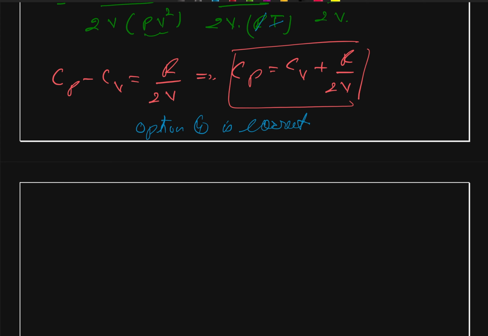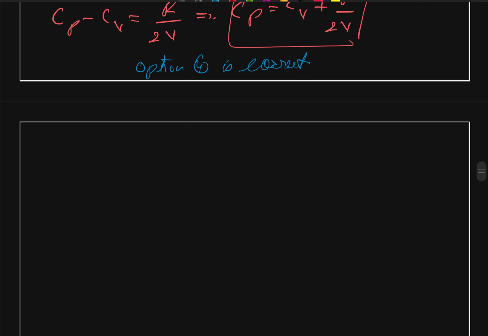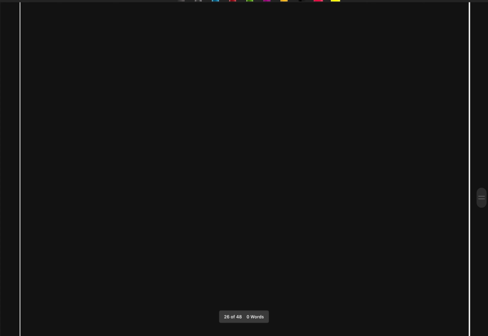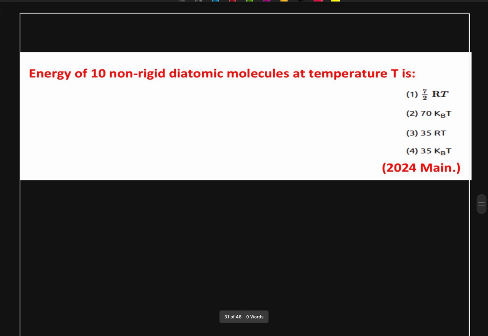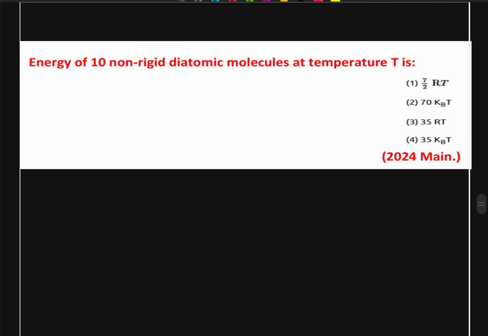Next question. It states that the energy of 10 non-rigid diatomic molecules at temperature T is.